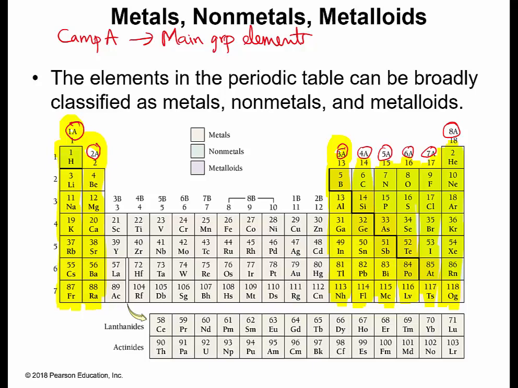The second camp of elements, let us call them Camp B elements, are called transition elements. Transition elements are not very easy to work with. They are not easy to predict.